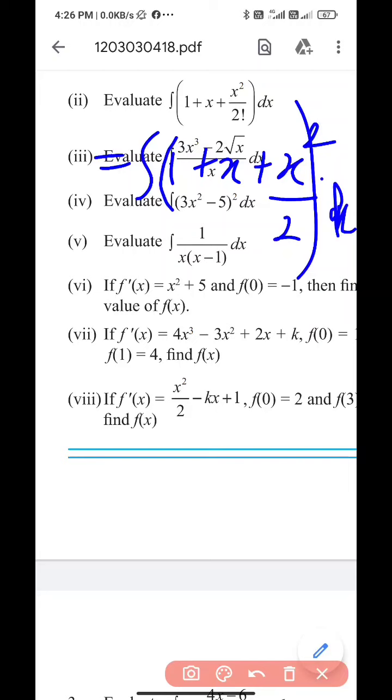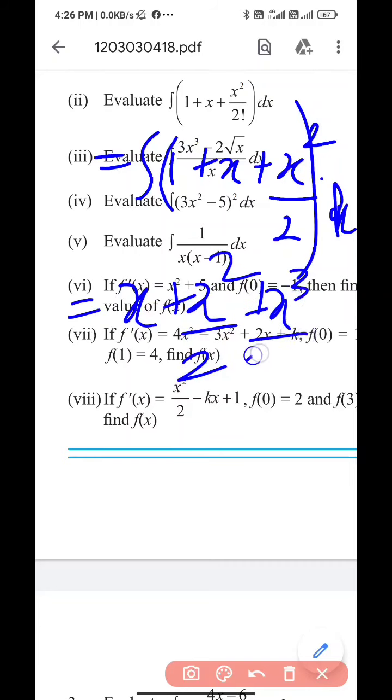So integrating, you can directly integrate this as x plus x square by 2 plus x cube by 3 into 2 as it is, plus c. So that is the answer.